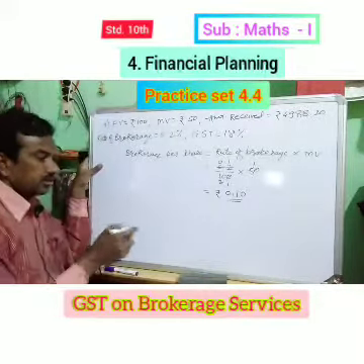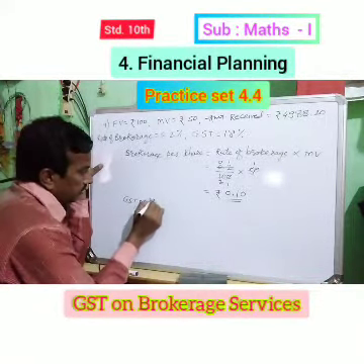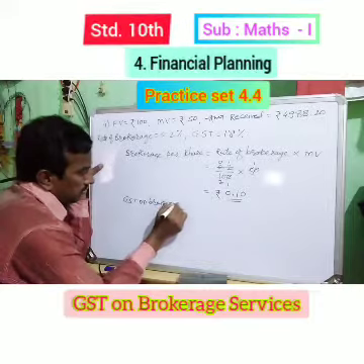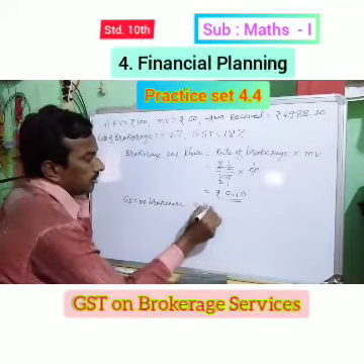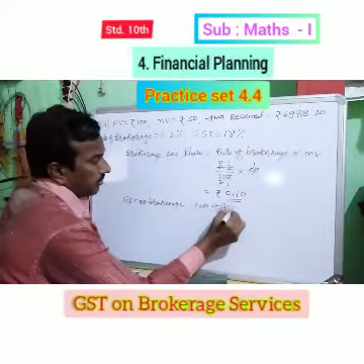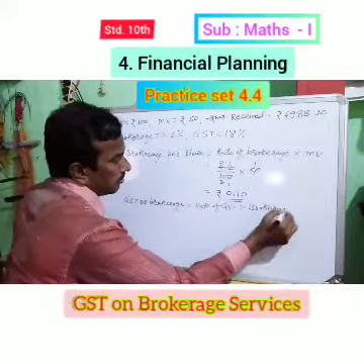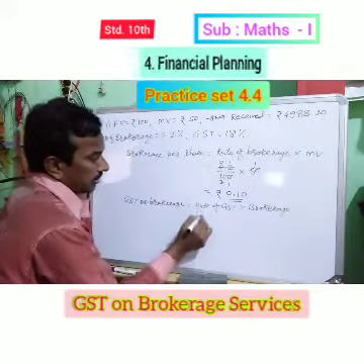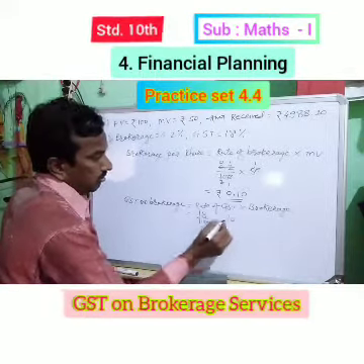Now find out GST on brokerage. GST on brokerage is rate of GST into brokerage. Rate of GST is 18%, 18 upon 100 into 0.10.